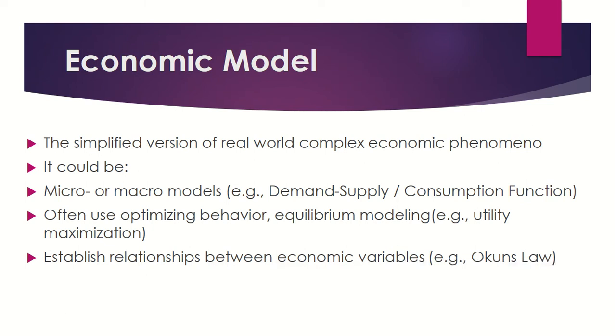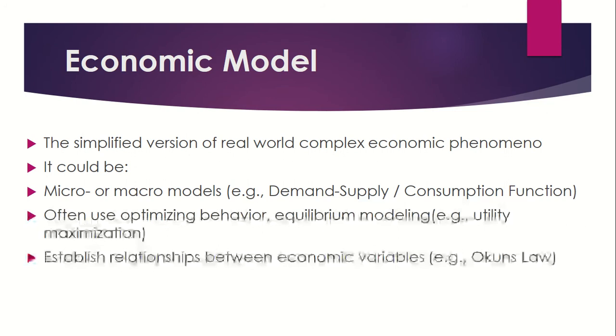It could be from microeconomics or it could be from macroeconomics, such as the demand and supply framework, consumption functions, which means consumption multipliers, etc. Simply, you can use optimization behavior models as well.